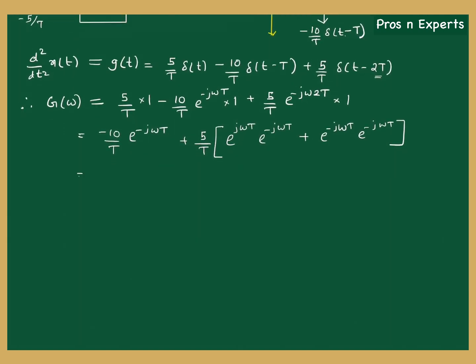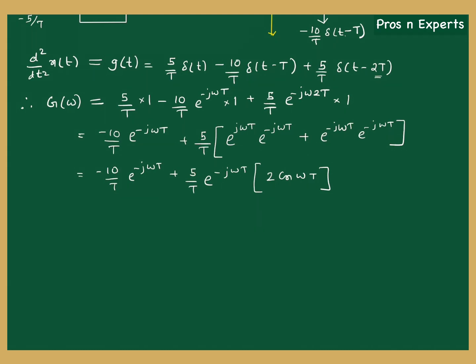So this is equal to minus 10 by t e raised to minus j omega t plus 5 by t into e raised to minus j omega t common. So what is left in the bracket is e raised to j omega t plus e raised to minus j omega t, just nothing but 2 times cos omega t. And now you can see 5 into 2 is 10 by t into e raised to minus j omega t cos omega t.